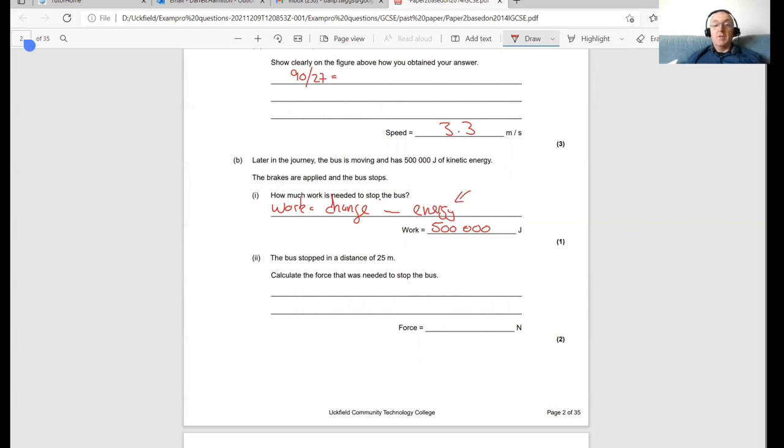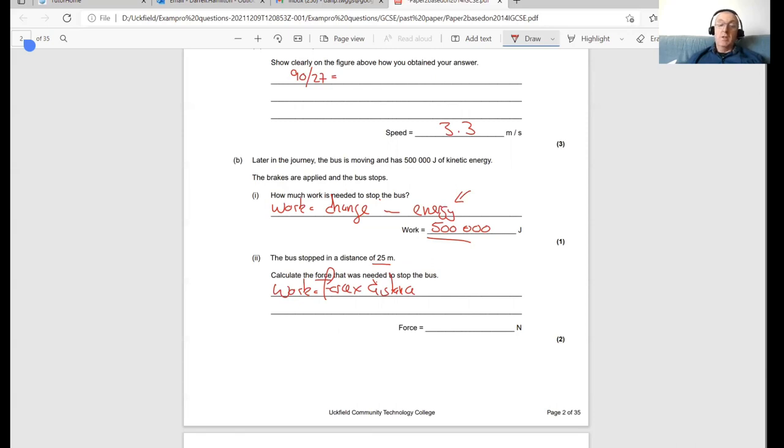The bus stopped in a distance of 25 meters. Calculate the force. This should say average force, but we'll go with force anyway. Now, you need to know that work, not only is it changing energy, it is also force times distance. I know that's what I need because I've got the work done. I've got the distance. I want the force.